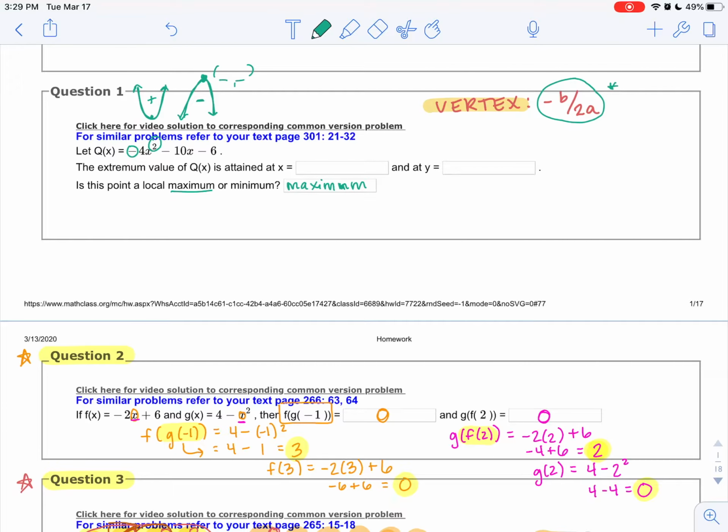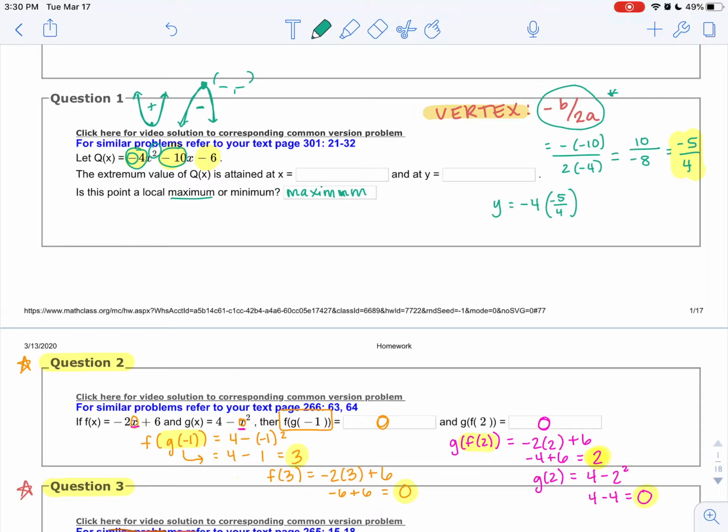So in order to find the y value, I actually need to plug this in to q of x and solve for y. So y, or q of x, is going to equal negative 4 times negative 5 over 4 squared minus 10 times negative 5 over 4 minus 6. So then it's just a matter of simplifying. I have negative 4, I need to square this first.